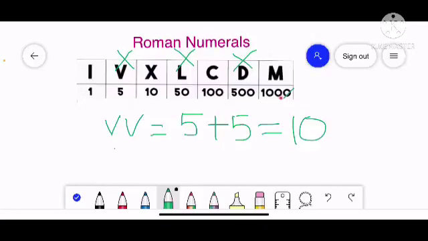But as you know, the symbol for 10 is already X, so we cannot write V and V. It is wrong. So we are not going to repeat V, L and D.